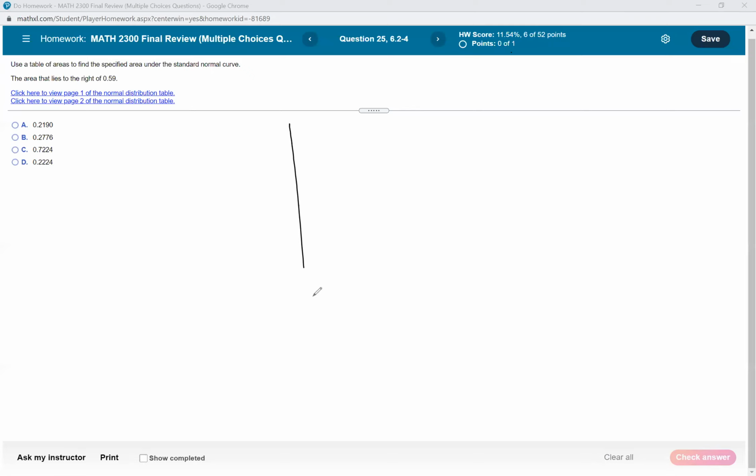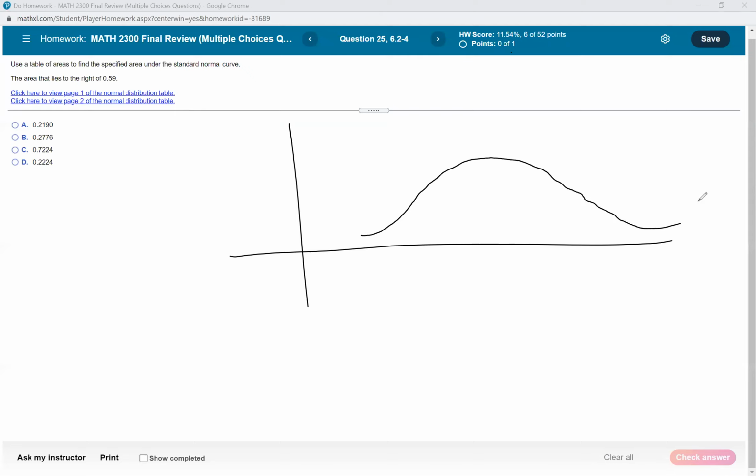If this is the standard normal curve, 0.59 will be somewhere here, and we need to find this area. How do we find it? We use the Z table.